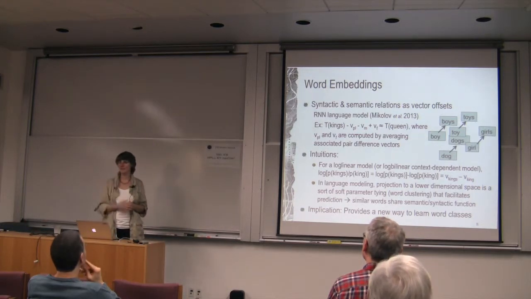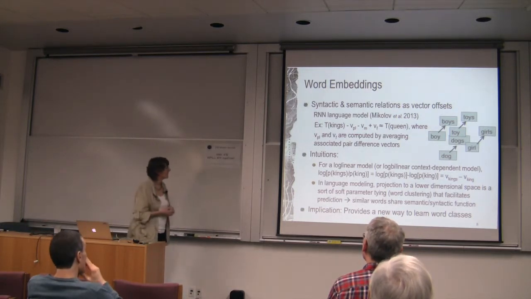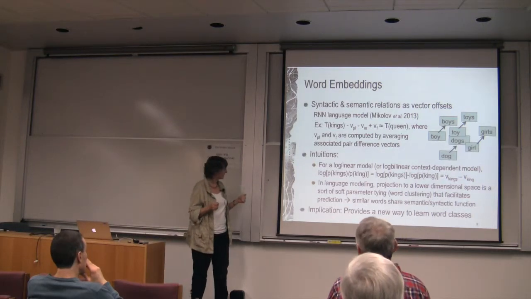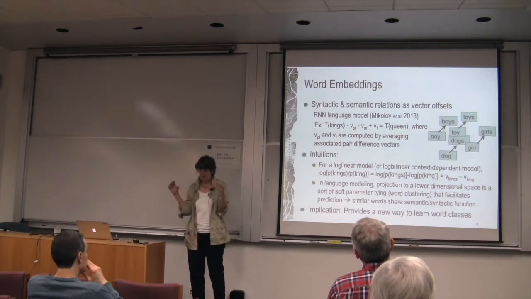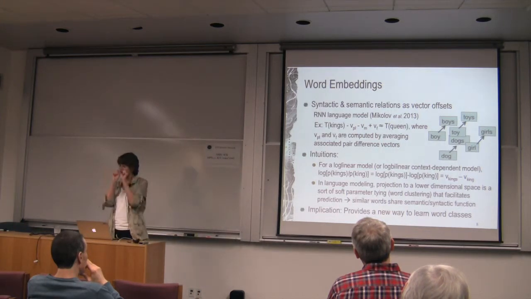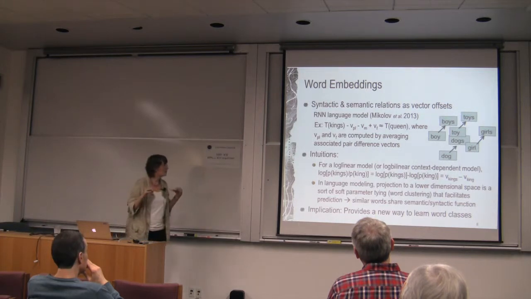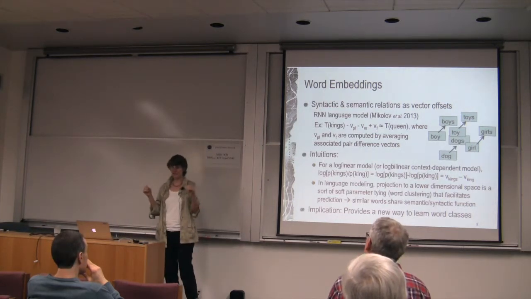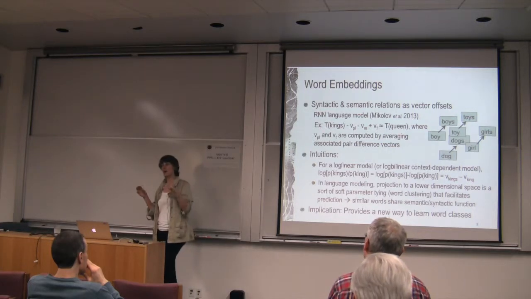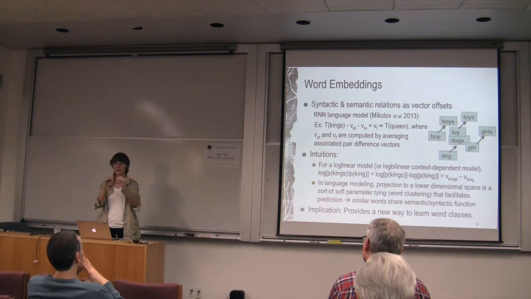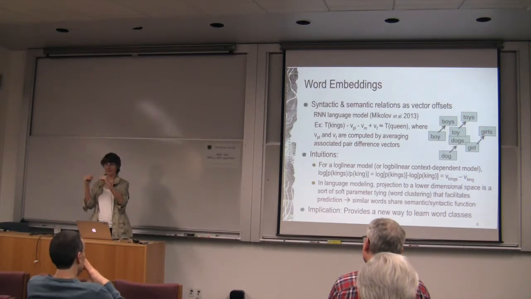Now, why does this make sense? Okay, you saw from the illustration that it actually sort of works. But if you think about what this model is doing, I'll show you a little tiny bit of math later on. Basically, people are looking at exponential models, log linear models. If you take the log of an exponential model, you get something linear, all right?